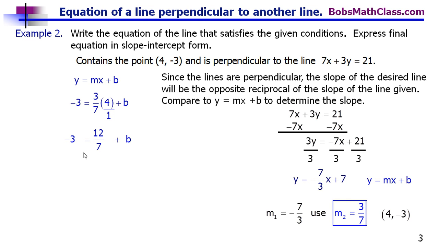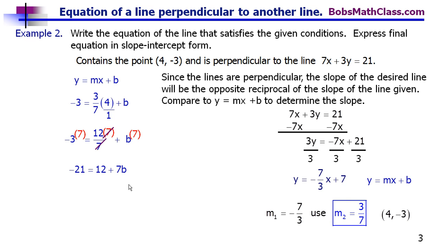Multiply each term by the LCD, which is 7. And then what happens here is that the 7's cancel out. Multiply these two numbers: -21, 12, that's all that's left here, and then b times 7 will be 7b.